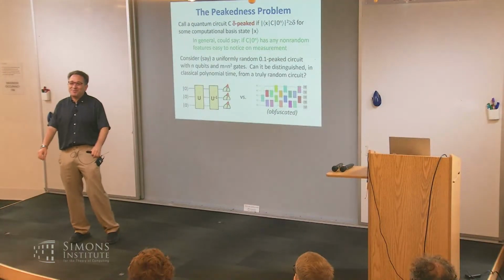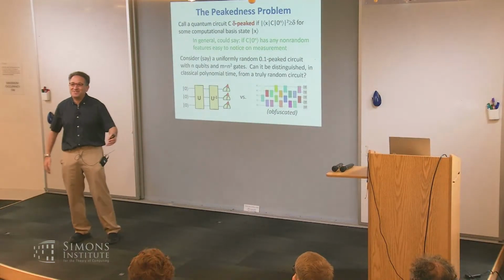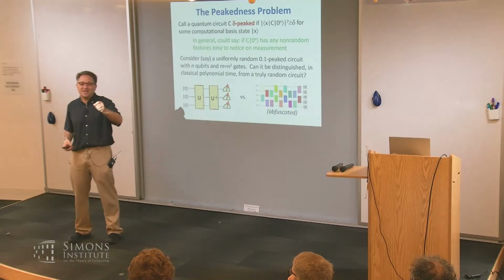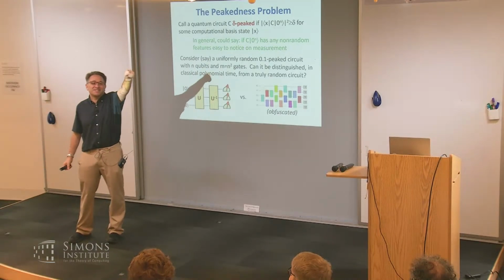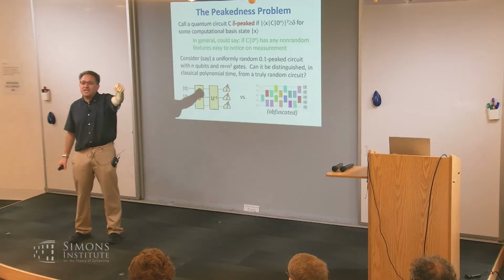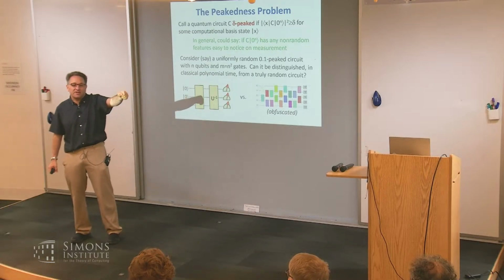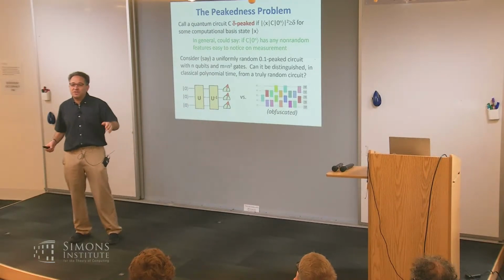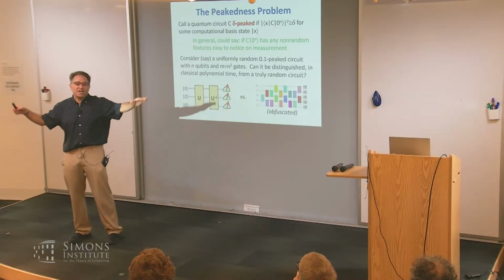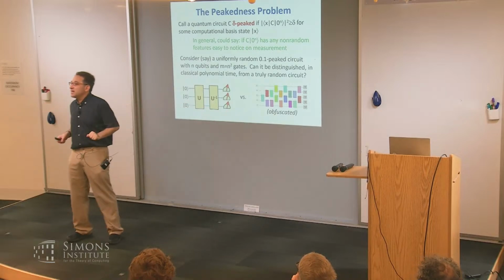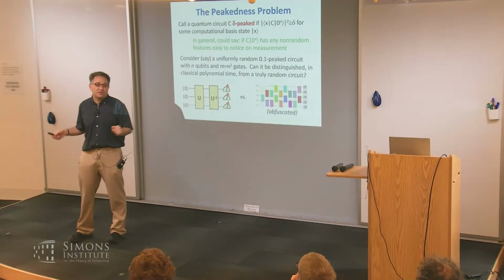As soon as you have a quantum computer, you can tell it apart, because you run the circuit a bunch of times and you see the outputs piling up on a single string, which clearly would have only a negligible chance of happening if C were a random circuit. So with a quantum computer, you can tell the random case apart from the peaked case. And now we're asking, can you do that in classical polynomial time?